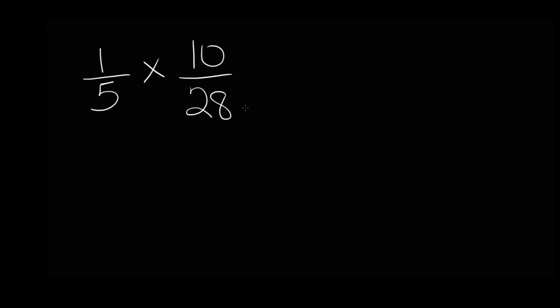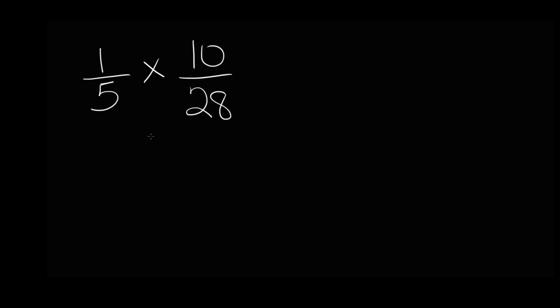Let's take a look at another example right here. 1 over 5 times 10 over 28. I will encourage you to pause this video and make an attempt to solve this problem. Alright, go ahead and do that.